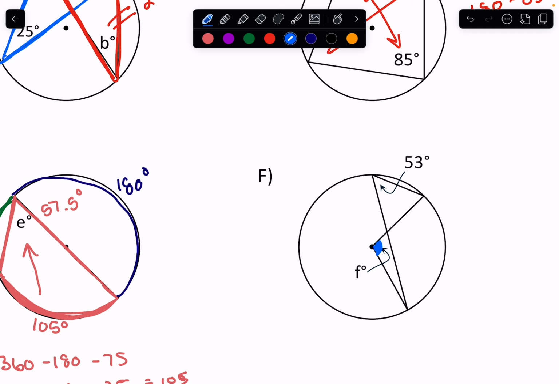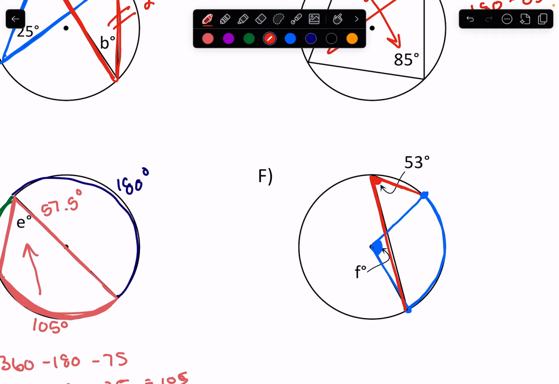Now, this central angle, if I follow these lines, they go from here to here, which means they are connected to this blue arc. Well, this other measurement that it gives me, this 53-degree angle, is also connected to that blue arc, but the red one is an inscribed angle, and the blue one is a central angle.